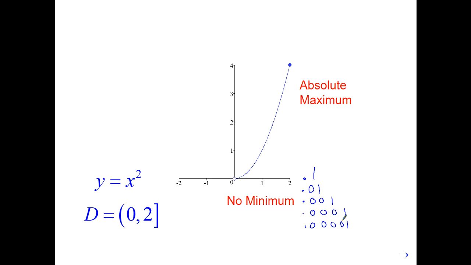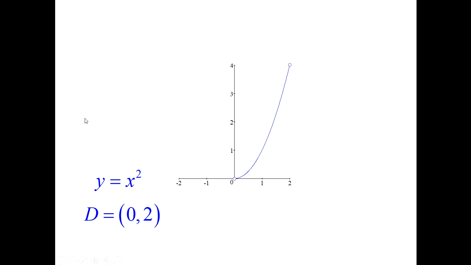So we never actually get to the smallest number. So we say that it doesn't have an absolute minimum value because of that open circle. And again, notice that I'm dealing with that open parentheses versus the closed bracket. And so the same thing here, it has no absolute minimum and no absolute maximum.